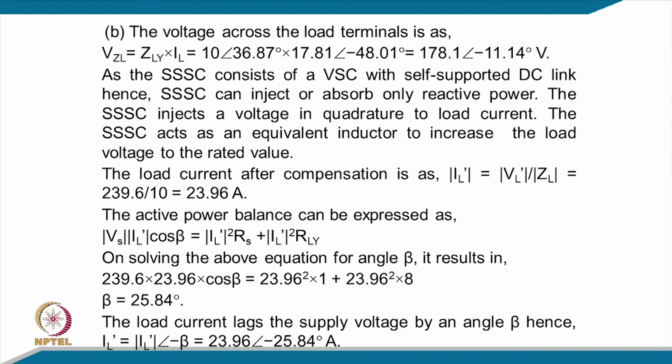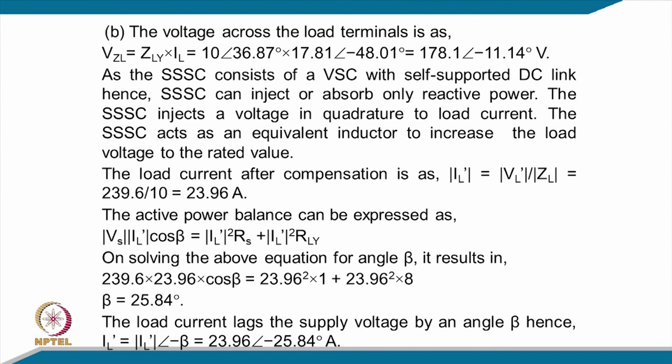The load current after the compensation is equal to the rated voltage 239.6 divided by 10. So, it comes to 23.96 ampere, and the active power balance for this circuit will be the active power consumed by the source impedance and the active power consumed by the equivalent star connected load on a per phase basis.